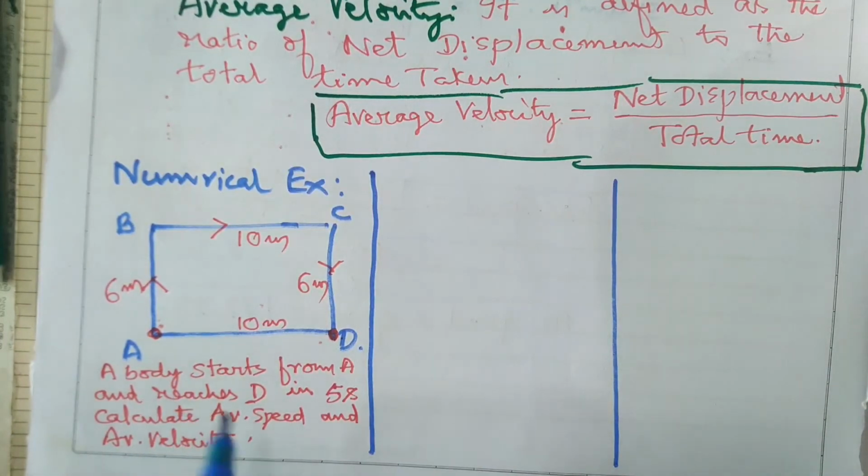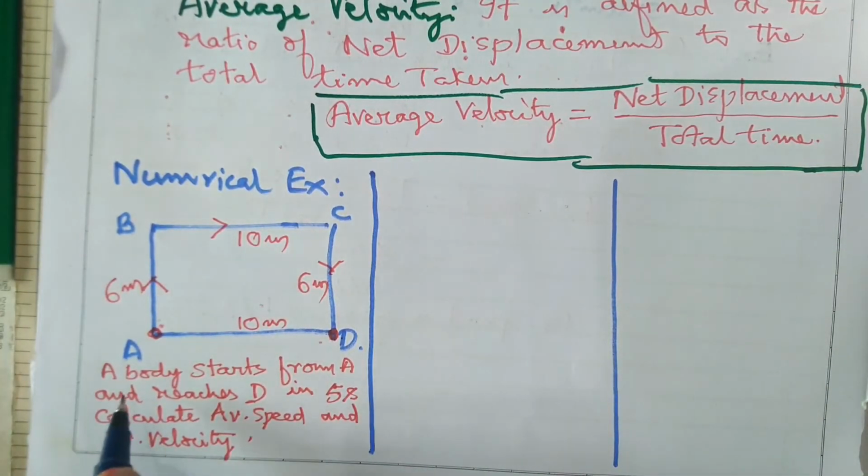Dear students, I'd like to give you one small numerical. Just go through the given problem, and I'll explain the diagram also. It is a numerical example to understand average speed and also average velocity. Let us see what the problem is.